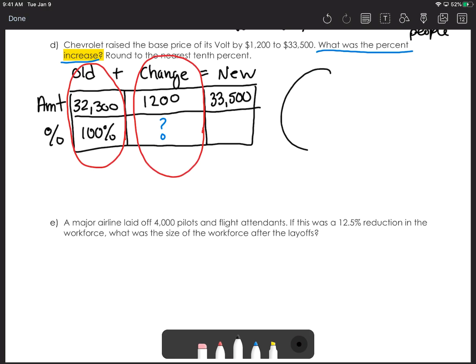So in my circle, I always put the amount of the base in this lower left corner, so that's 32,300. I don't know what the rate is. That's what we're looking for, but I know the amount of the change is 1,200.